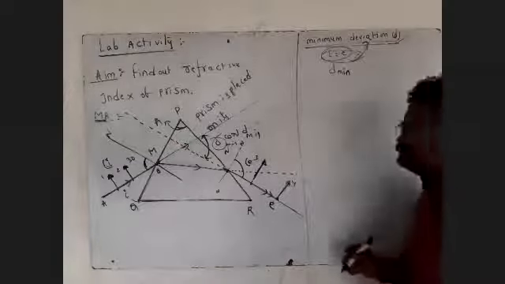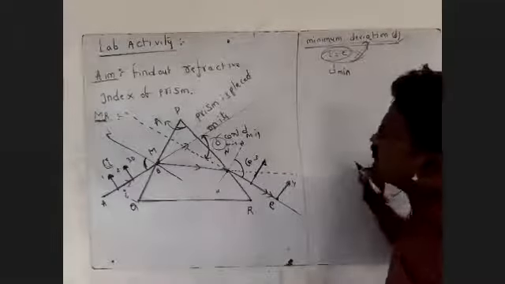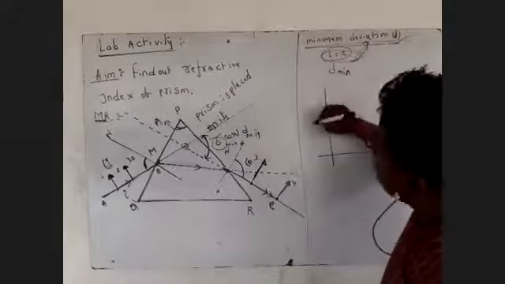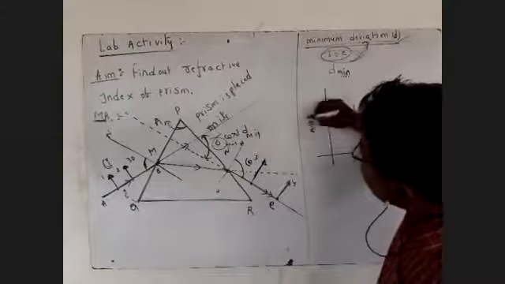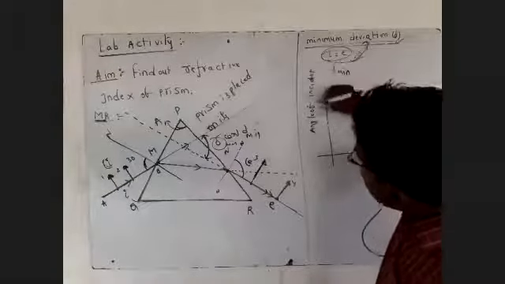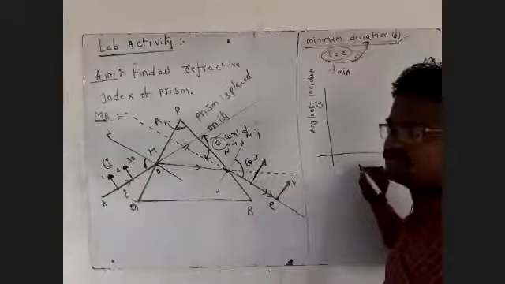Next, we see the graph between the angle of incident ray and the angle of deviation.